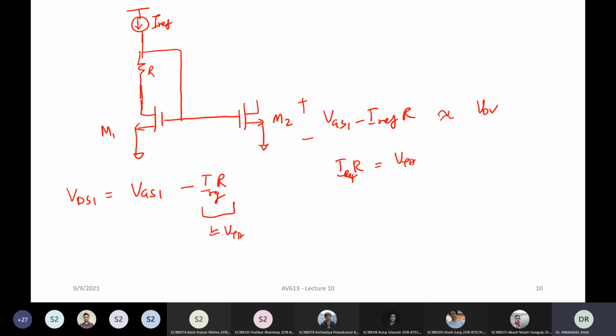You got the point? So this is a very elegant technique to somehow manage both the things. So basically what happens is you put a cascode here, you have to generate some bias voltage here, okay? But this bias voltage can be in such a way that you don't need full VGS here.